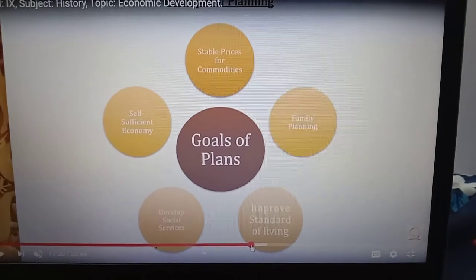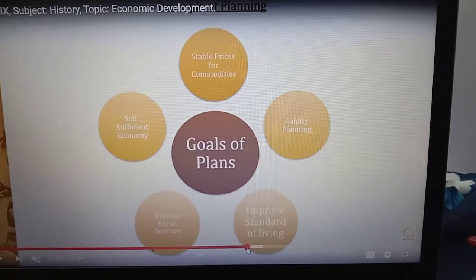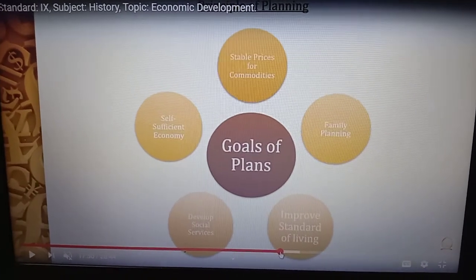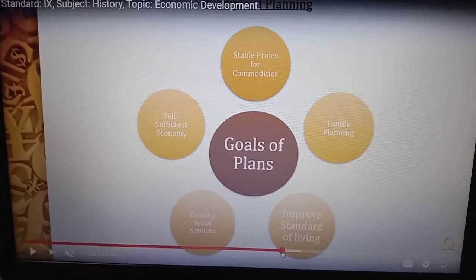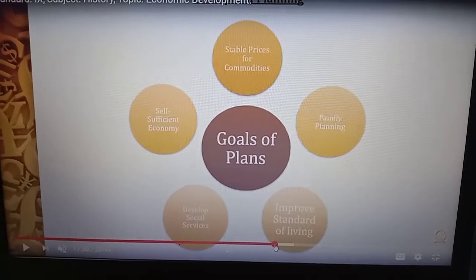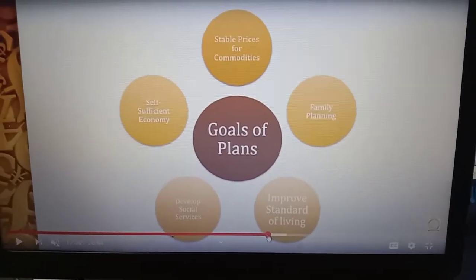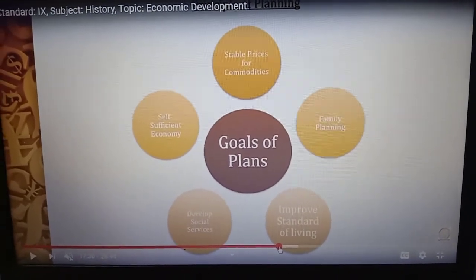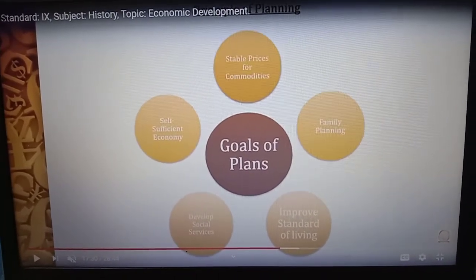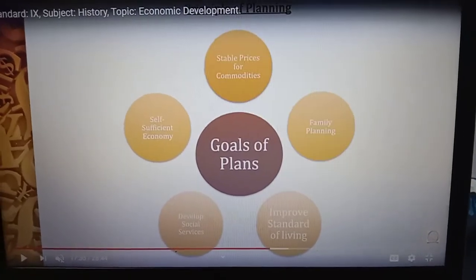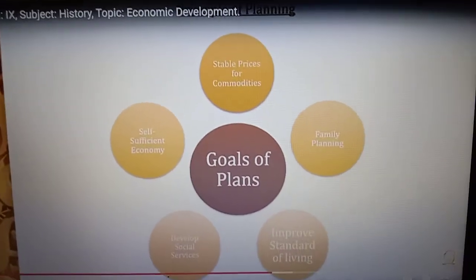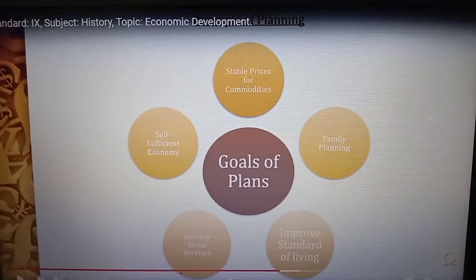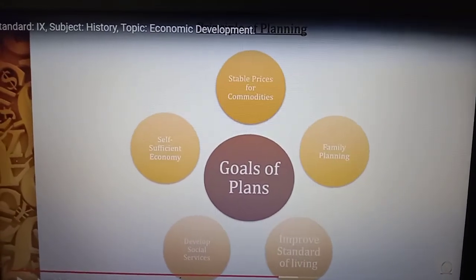Along with this, I will be sending you some supportive videos also. For today we will be studying only the meaning of economy, what do you mean by economy, the mixed economy, the types of mixed economy, that is public sector, private sector, joint sector, and 5-year plans and the goals of 5-year plans. In the next lesson, we are going to study the second 5-year plan, third, fourth, sixth, seventh, eighth, ninth, up to the last 5-year plan.